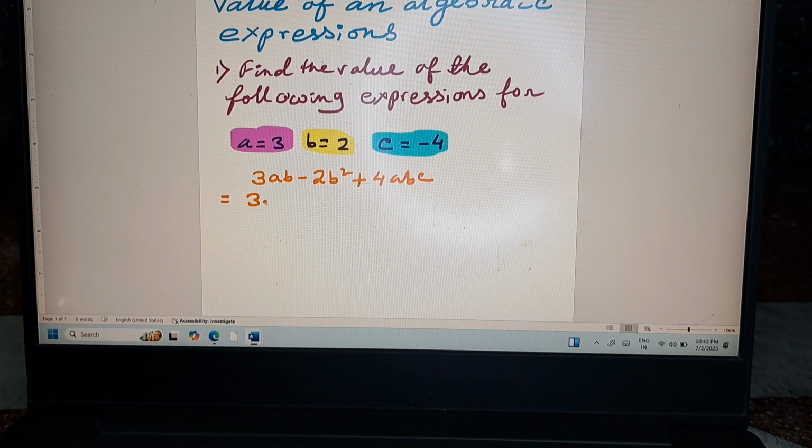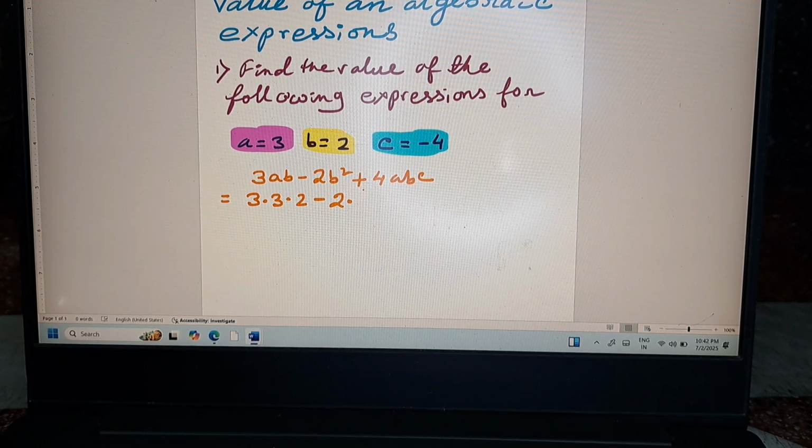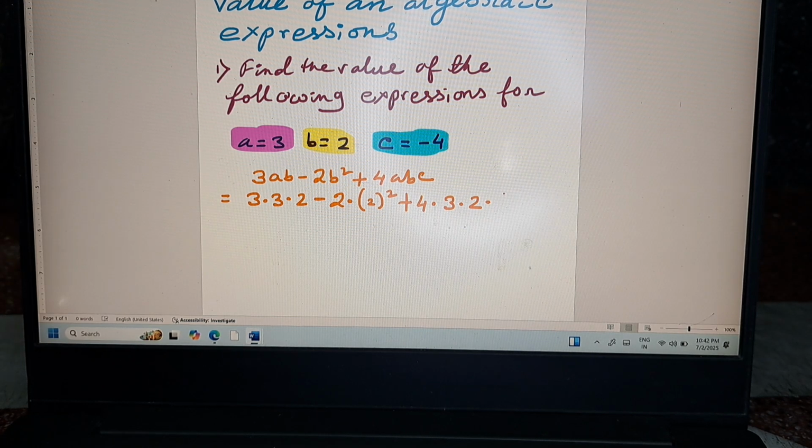3 multiplied by the value of A, 3, multiplied by 2. This dot represents the multiplication sign. Minus 2 dot, in place of B I am going to write 2 to the power 2, since the value of B is given as 2, plus 4 into 3 into 2 into, since the value of C is given as minus, we will always maintain a bracket.